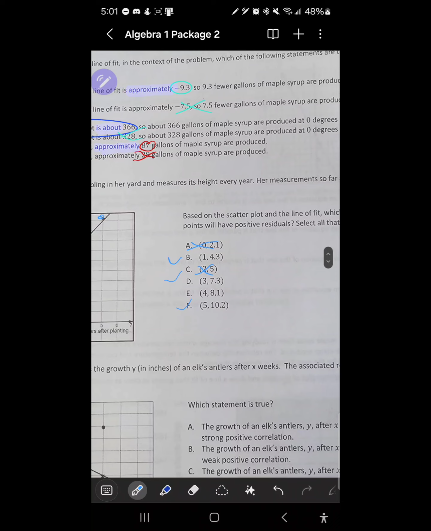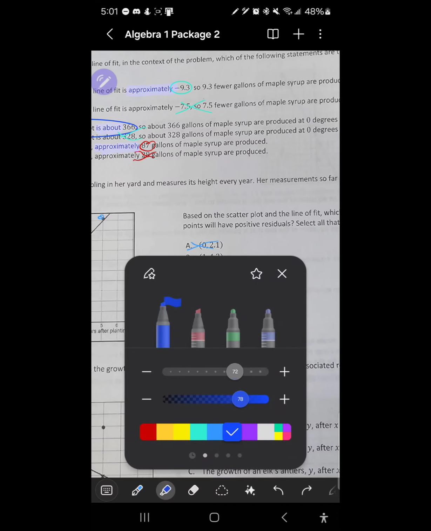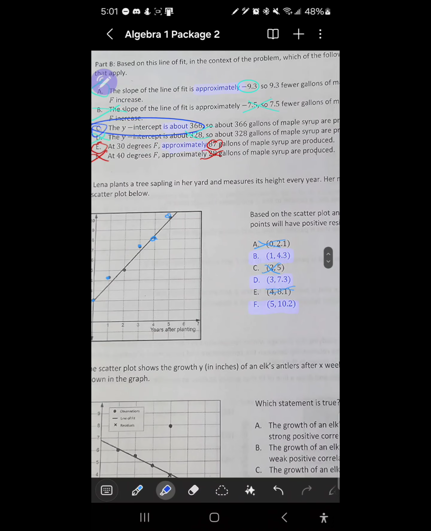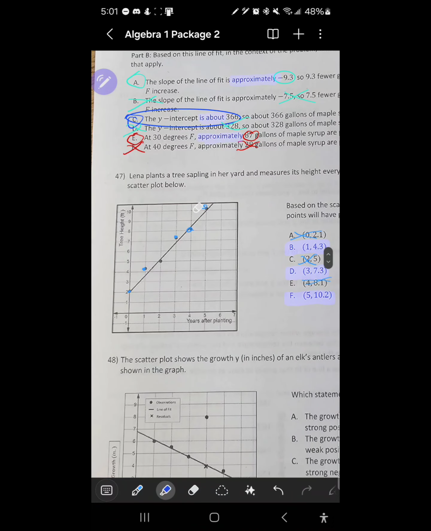So it's going to be 1, 4.3, 3, 7.3, and 5, 10.2, because those are the ones over the baseline.